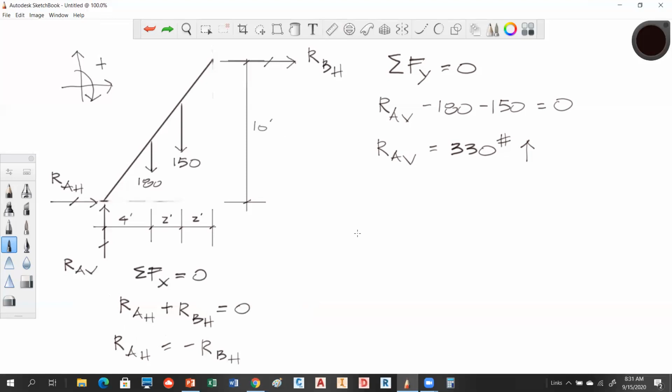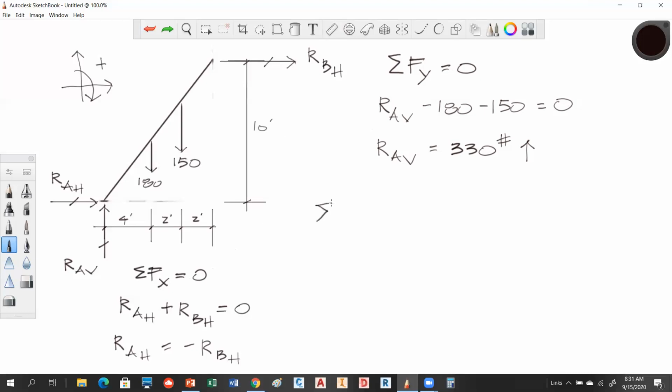What can we use? Sum of forces in X, sum of forces in Y, so the only thing that's left is a moment, correct? Yes? All right. So sum of moments.